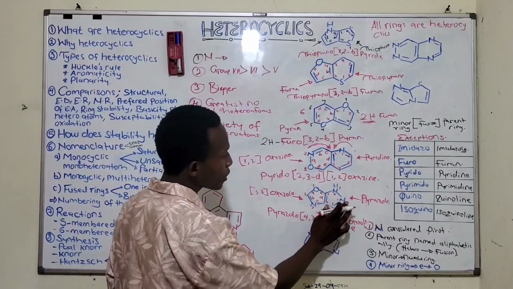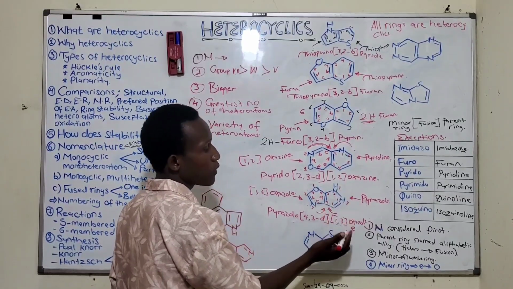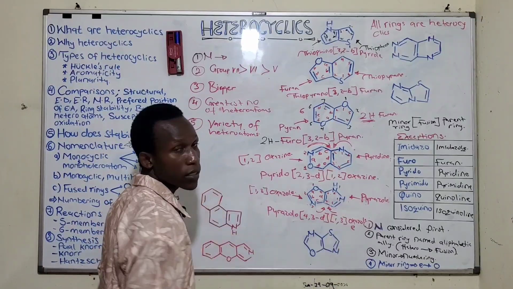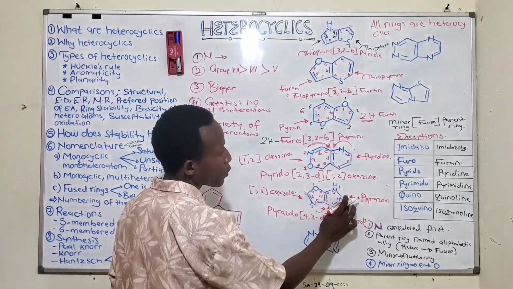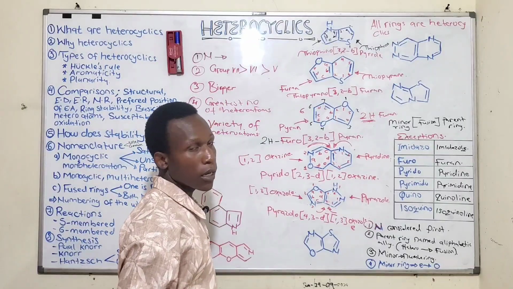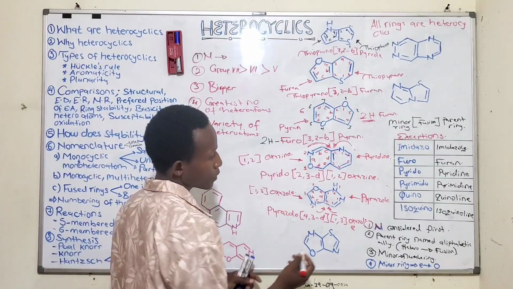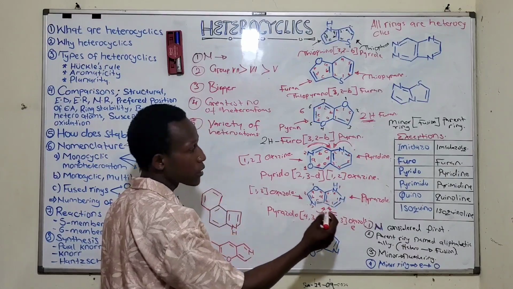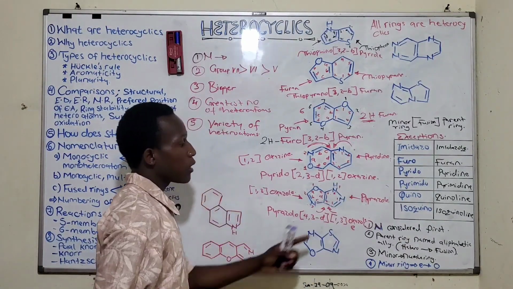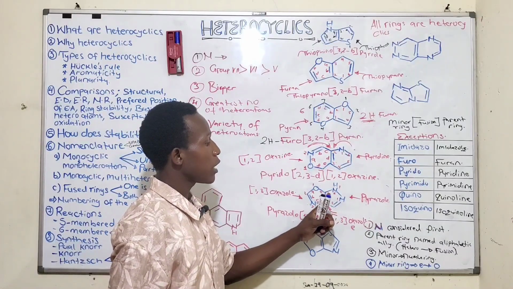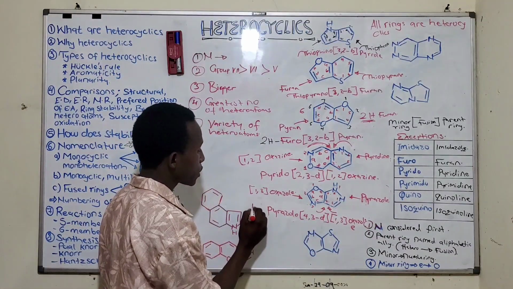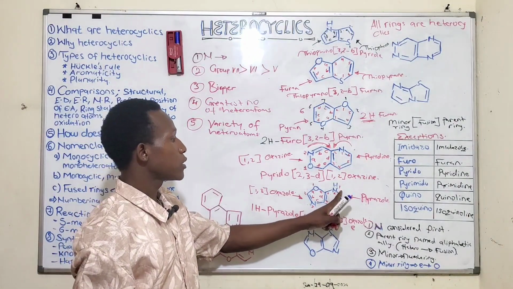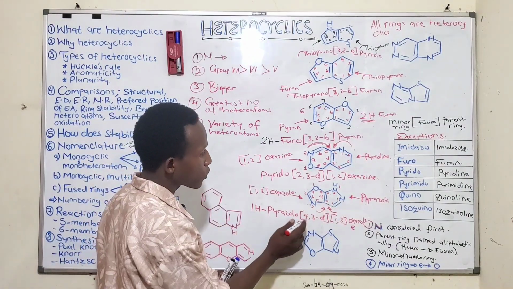But for rings containing nitrogen, like pyrrole and pyrazole, they cannot exist naturally without one of their heteroatoms being a saturated nitrogen. Now, for them, they are labeled before numbering the whole system. You give the position of the saturated atom. So this one will be 1H, at position 1 of the pyrazole.